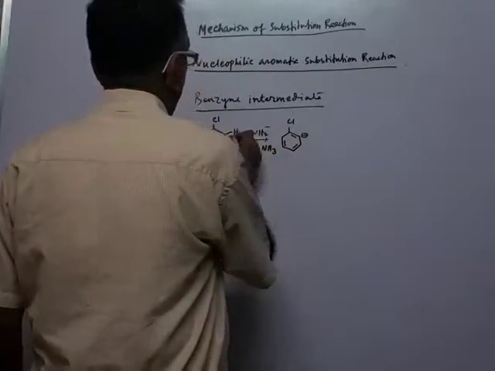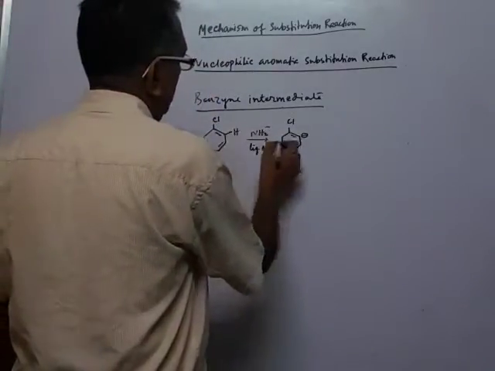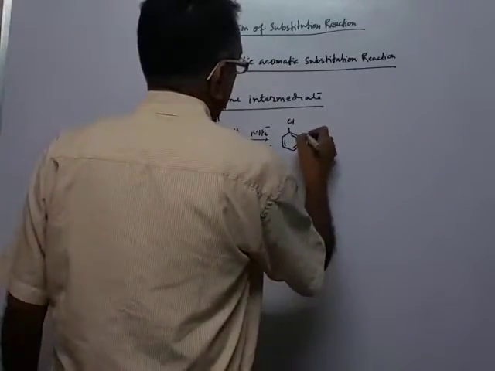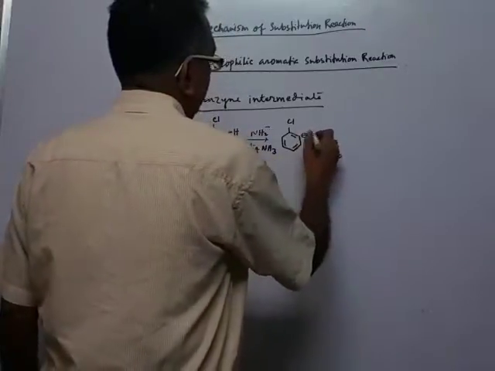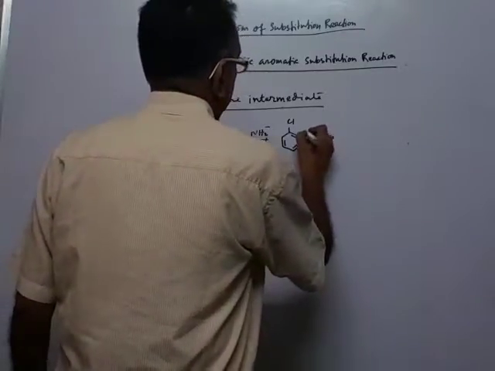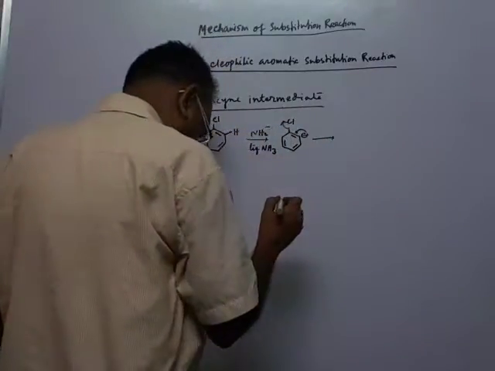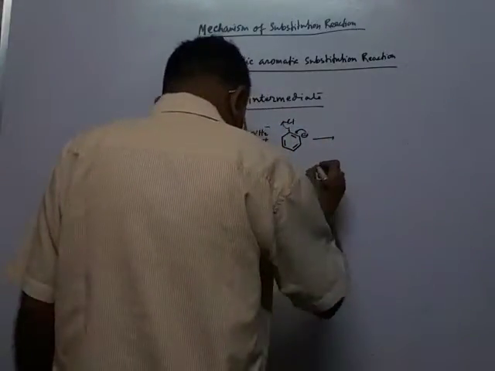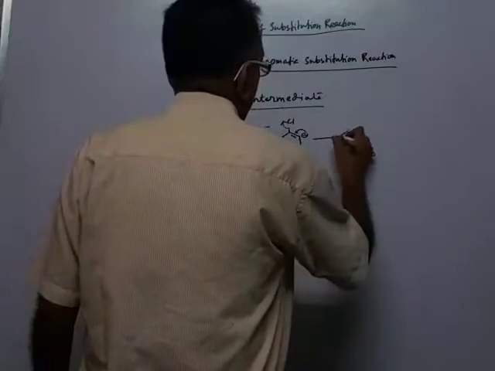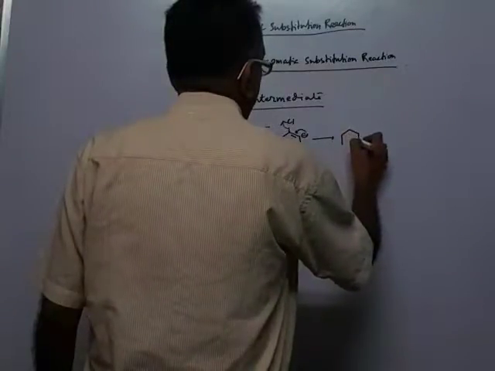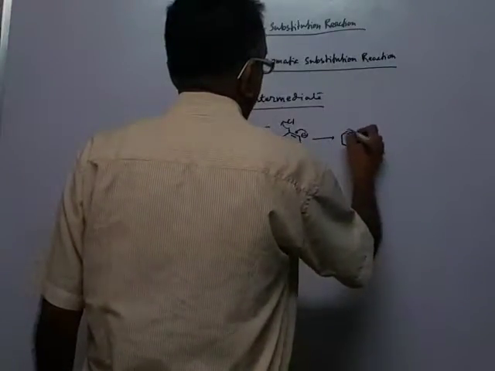This amide abstracts this proton, and this anion is generated, and this releases Cl minus, and we get the benzyne intermediate.